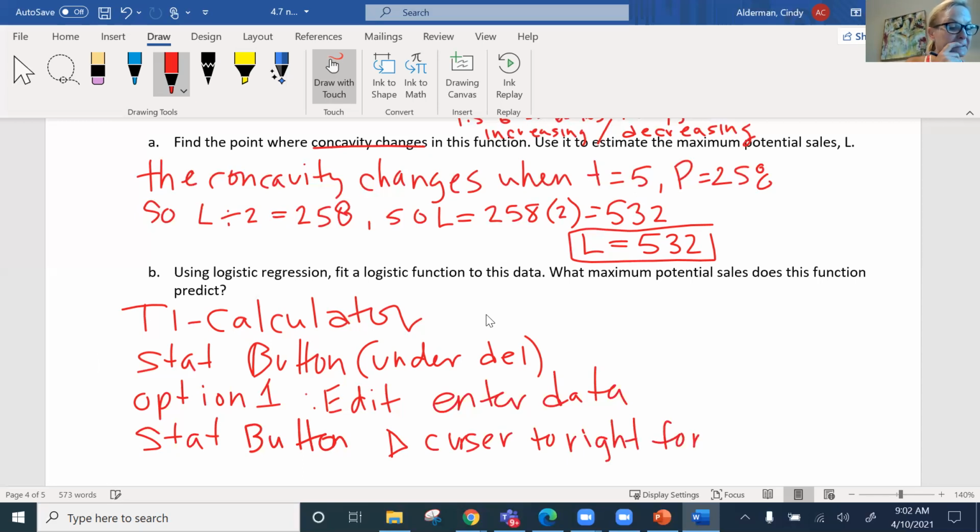This is the calc option. And from there, you're going to scroll down until you find logistic.